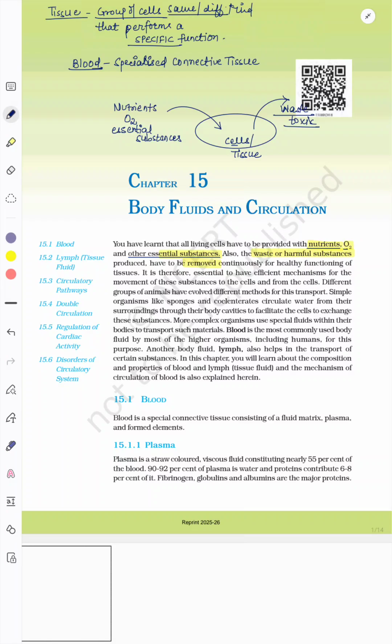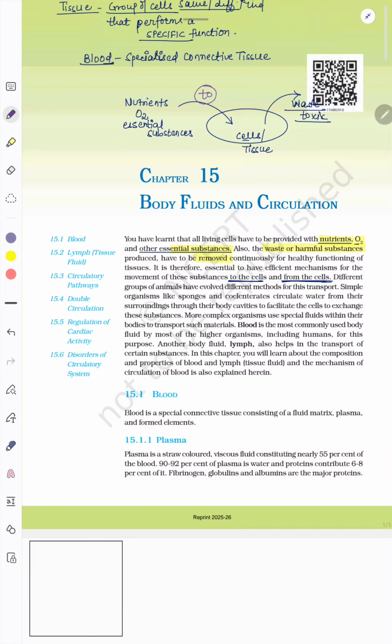So it is therefore essential to have efficient mechanism for the movement of these substances to the cells and from the cells. What does this to and from mean? Basically, to is the adding of nutrients, oxygen, and essential substances to the cells, and removal of these waste, harmful, toxic substances from the cells.